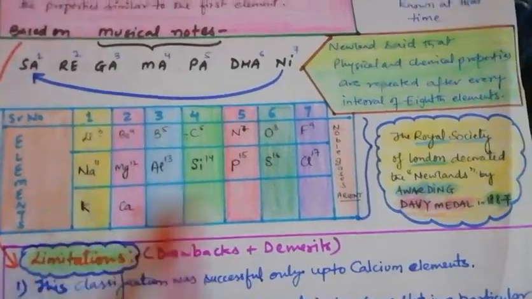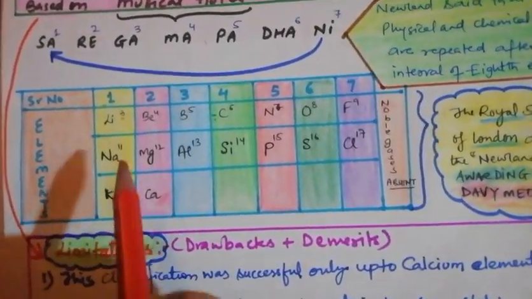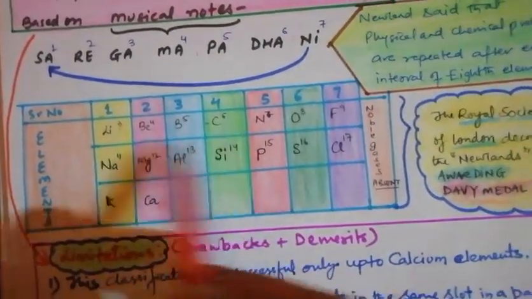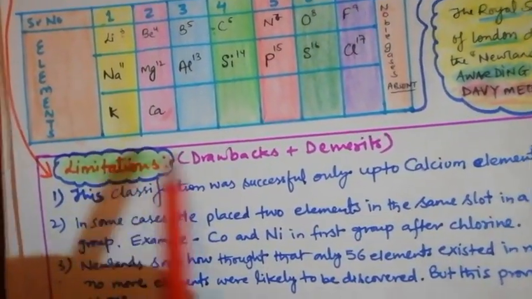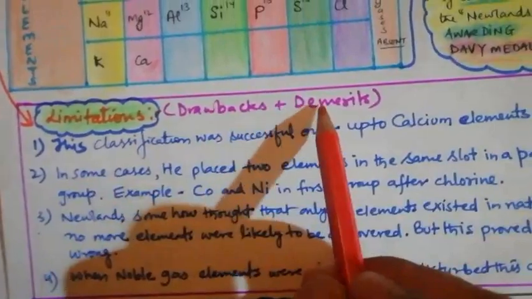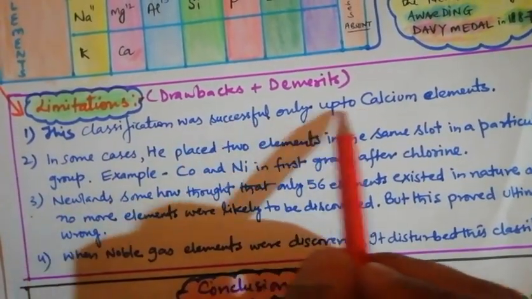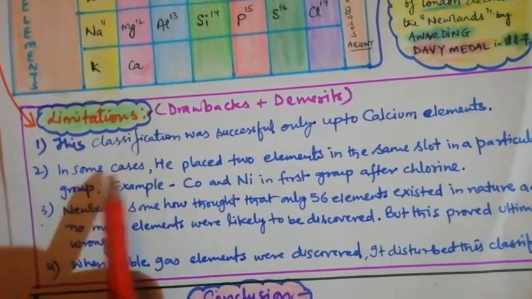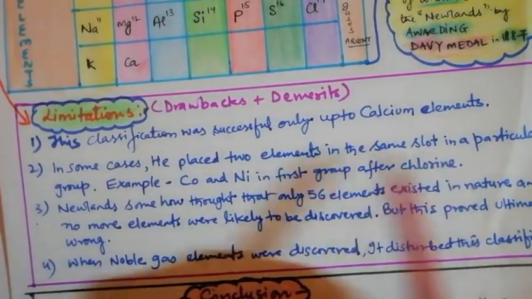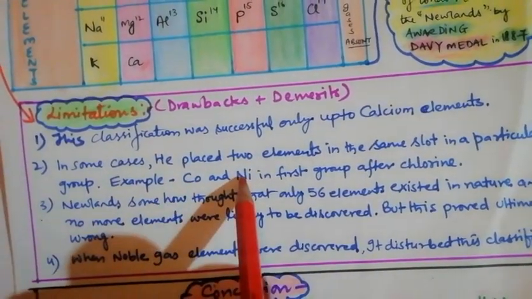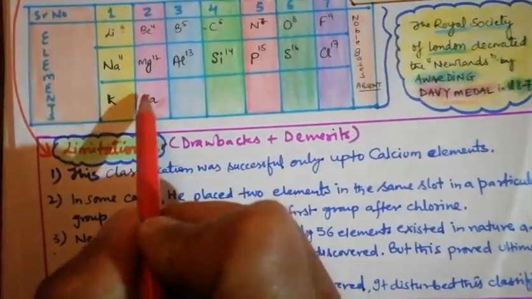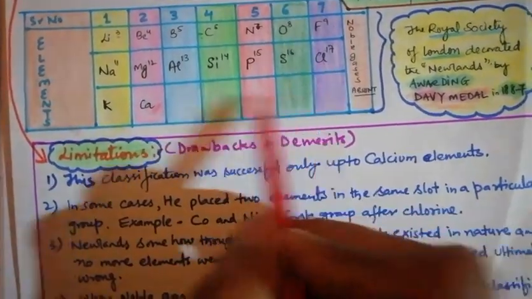He framed a classification with columns and groups a little bit. He was the first, but some limitations were there. A limitation can be taken as a drawback or demerit. First, this classification was successful only up to calcium. Second, in some cases he placed 2 elements in the same slot, like cobalt and nickel in the first group after chlorine.